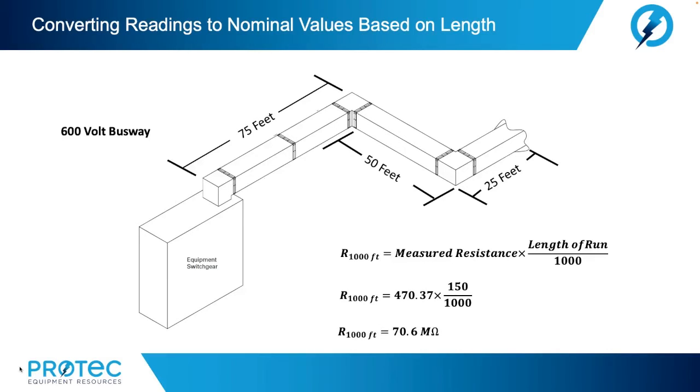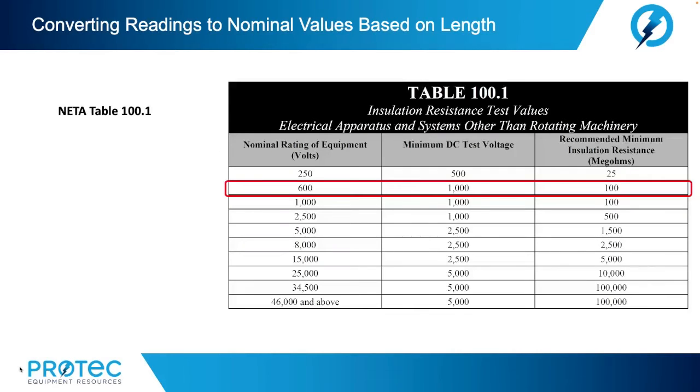And here we would see that the actual resistance that we're comparing into table 100.1 is only 70.6 megohms. Now again, based on the recommendation, NETA table 100.1 for 1,000 foot values wants to see a minimum of 100 megohms. After applying our correction factor, we see that really we only have 70.6 megohms, and this actually would have been a failure.